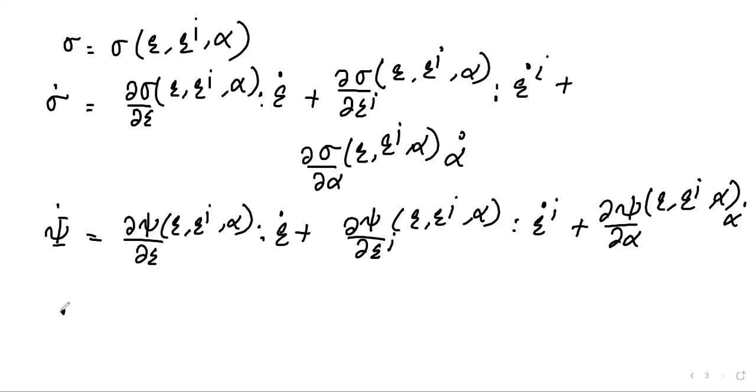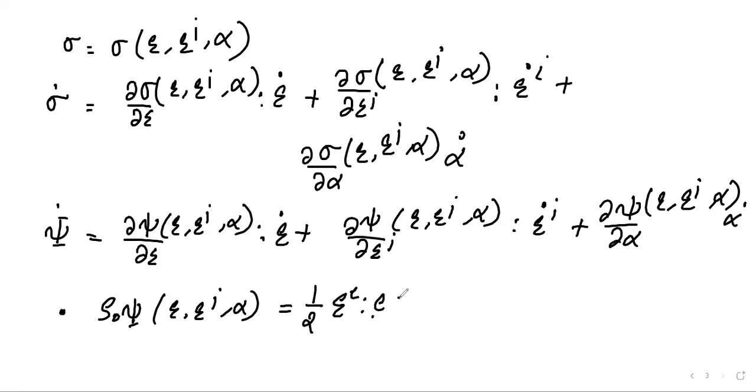The next step is to postulate the form of the free energy, psi of epsilon, epsilon I, and alpha. We postulate the form of free energy as one half of the elastic strain epsilon E, contracted with a fourth order tensor C, contracted with the elastic strain epsilon E, plus the hardening potential, H of alpha.